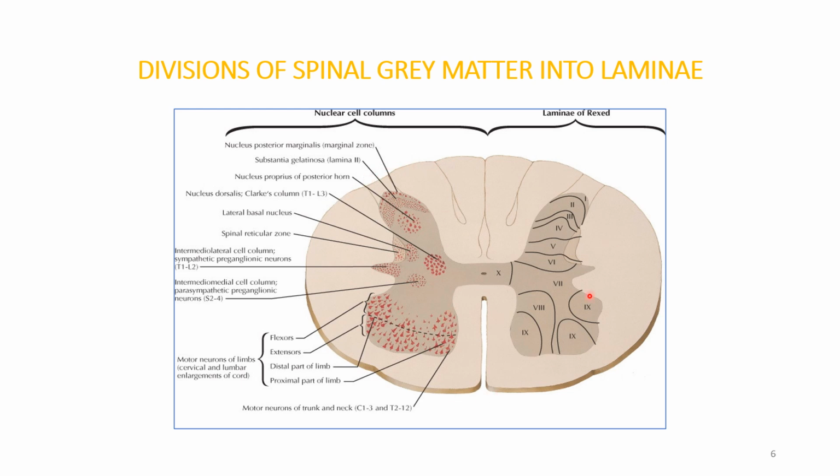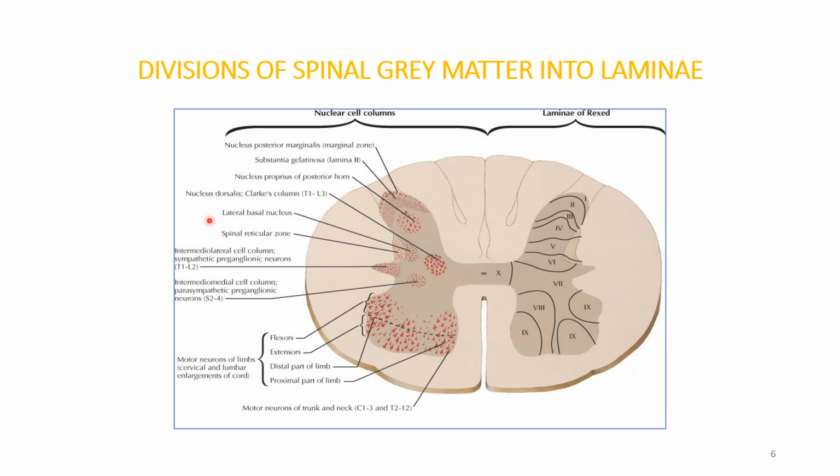So how has he divided it? It is based on the cells present in the spinal gray matter. Lamina 1 consists of nucleus posterior marginalis, also called marginal zone. Then comes substantia gelatinosa in lamina 2. Then nucleus proprius of posterior horn.